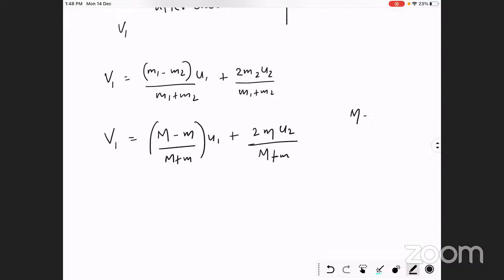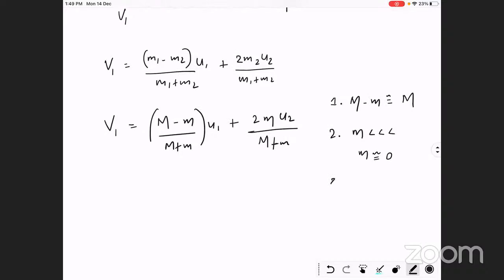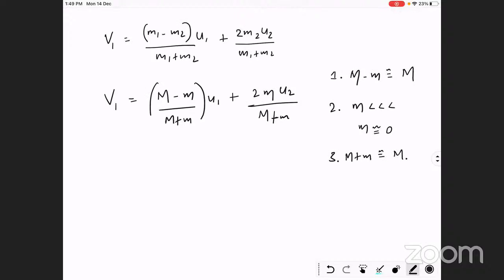First of all, capital M minus small m is approximately capital M. First point, understood? Second point, small m is very small. That's why I am putting small m approximately 0. Do you understand? Third point, capital M plus small m is approximately capital M. Could you understand these 3 points?